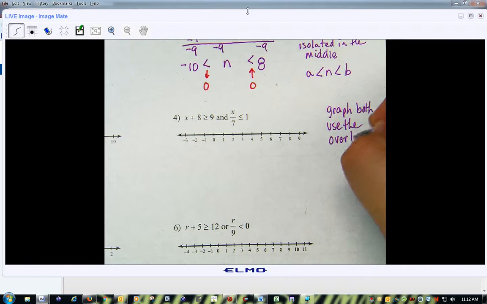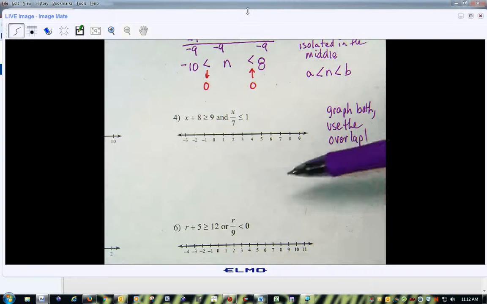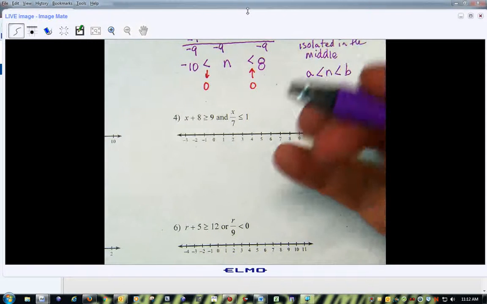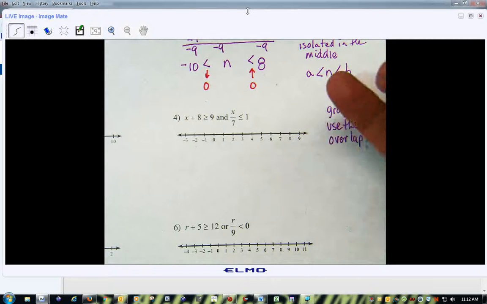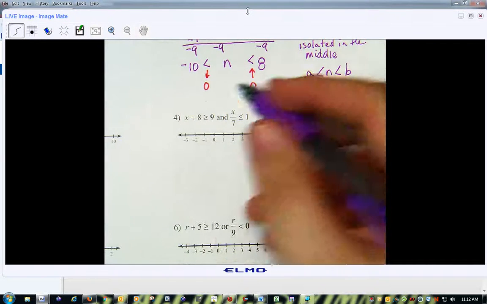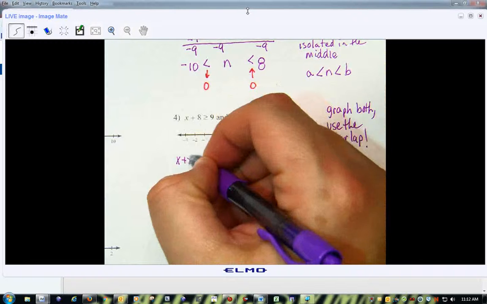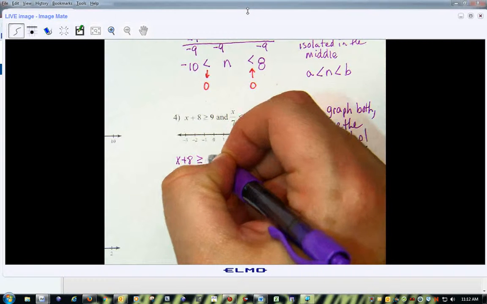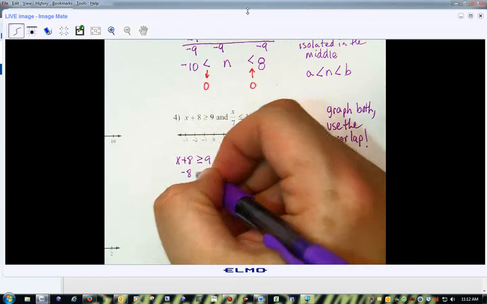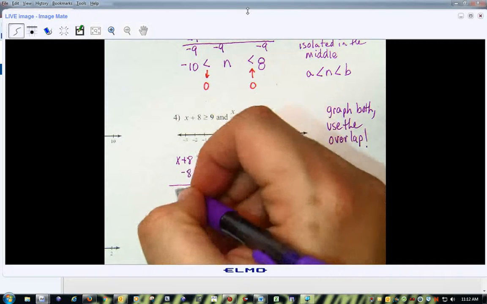We want where we're going to graph both of these on the same graph, and then our answer is going to be where the overlap actually is, where the two parts overlap each other. So let's take a look at x plus 8 is greater than or equal to 9.